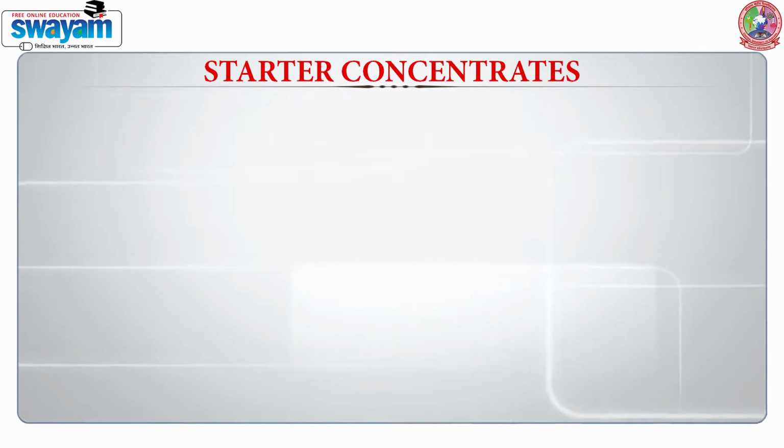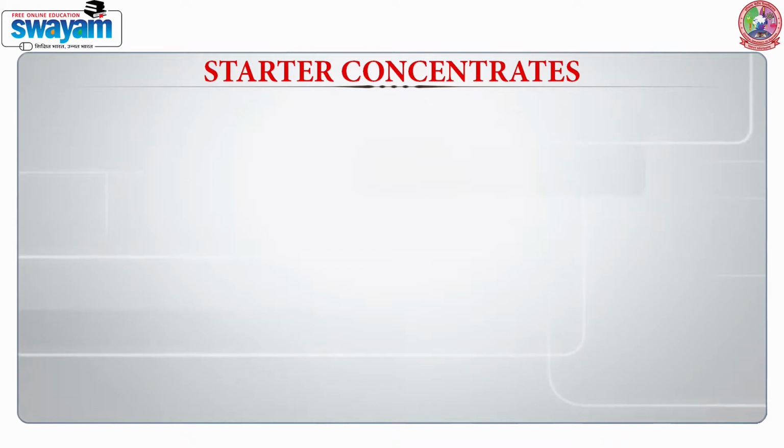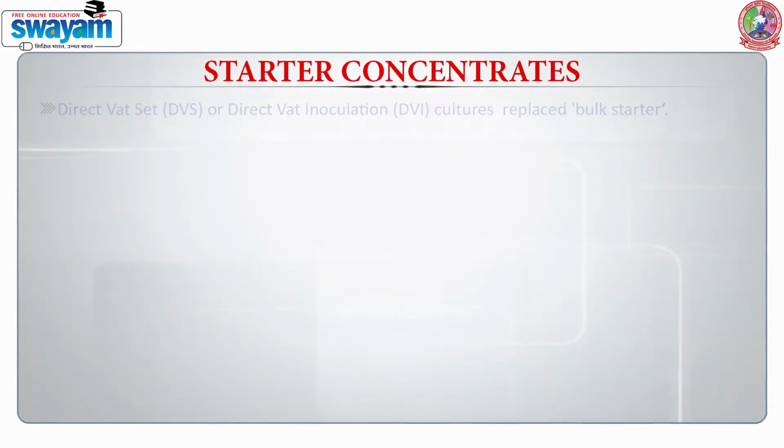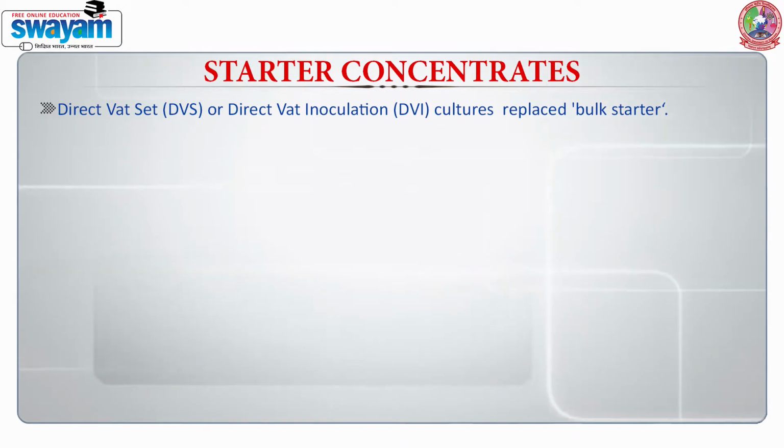These days, there is another group of starters which are known as starter concentrates. These are direct vat set, also abbreviated as DVS, or direct vat inoculation, DVI. These cultures replace the bulk starters.